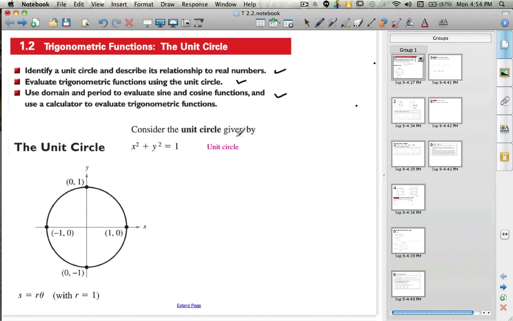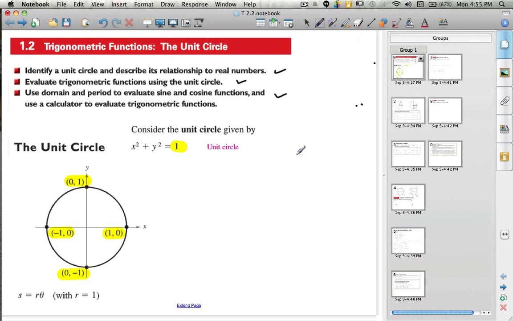And when we say the unit circle, it's called the unit circle because it has a radius of 1 unit, which makes it very easy to plot, because we go right and left 1, we go up and down 1, and then we're able to make this circle.